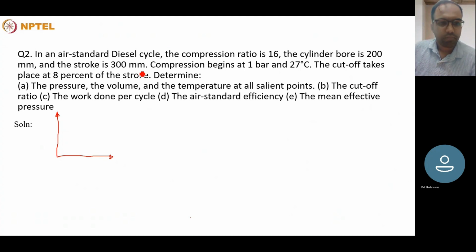In this PV diagram, we have the constant pressure heat addition process and the constant volume heat rejection process.